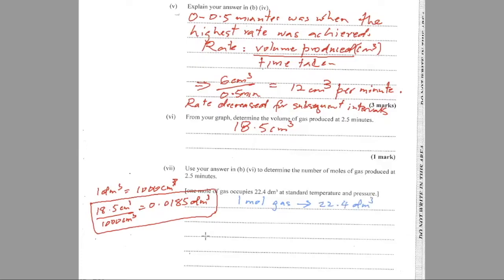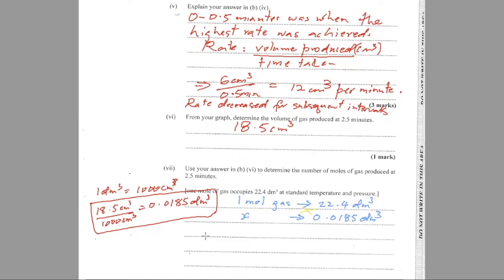Now we want to find out how many moles, so we put X. How many moles of gas would we have been occupied by 0.0185 cubic decimeters? So we'll cross multiply, and when we cross multiply, we take things across the diagonals.